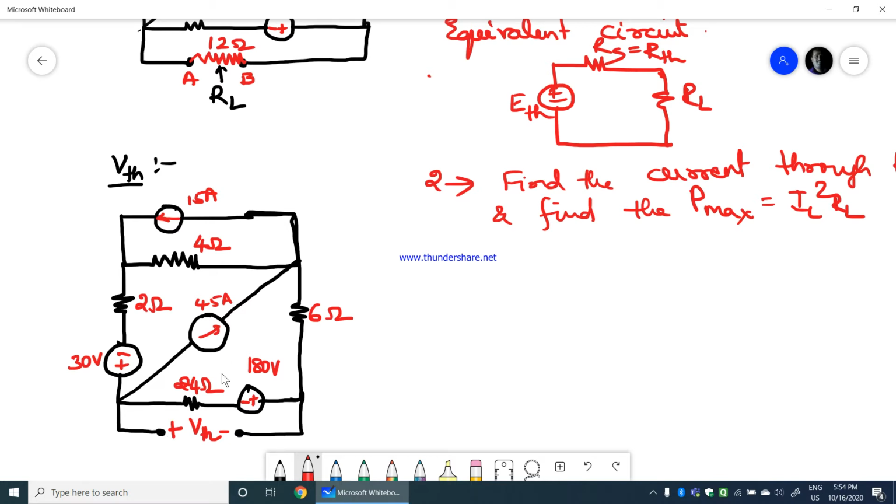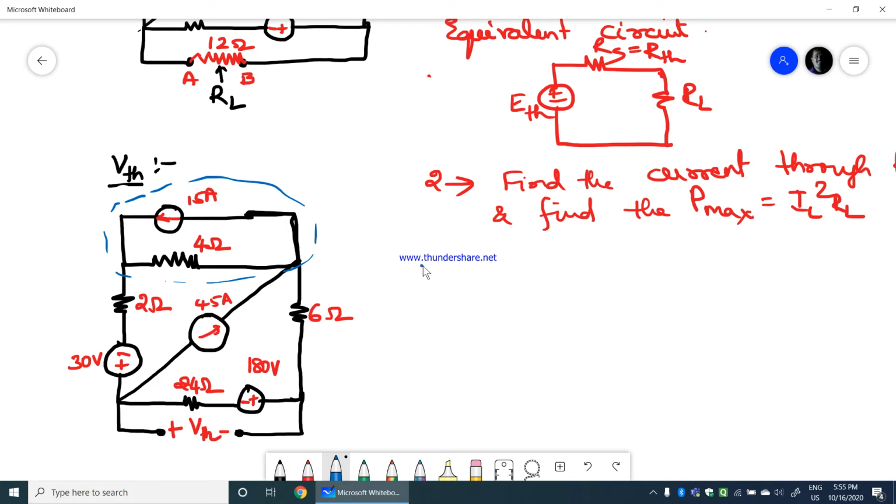The technique we can use here is mesh current analysis. But before that, we can convert this parallel combination. The 15 amp source in parallel with 4 ohms can be converted into a series network.